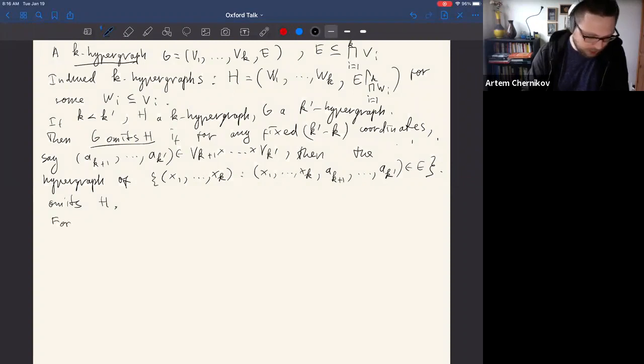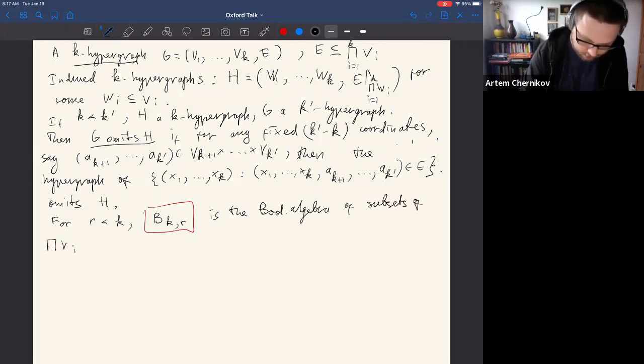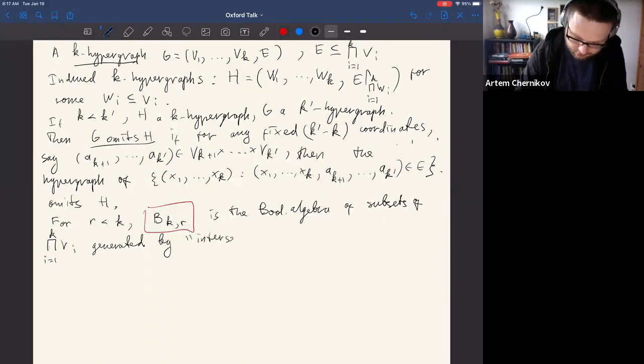So if I'm given two natural numbers, r less than k, we consider a certain Boolean algebra, B_{k,r}, which is the Boolean algebra of subsets of the product set, the product of V_i over all i from 1 to k, generated by intersections of k-ary cylinder sets.